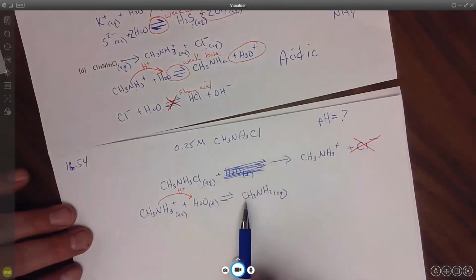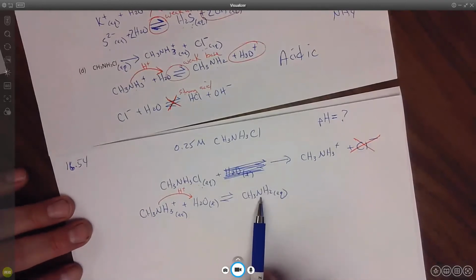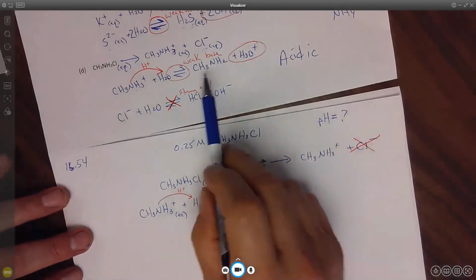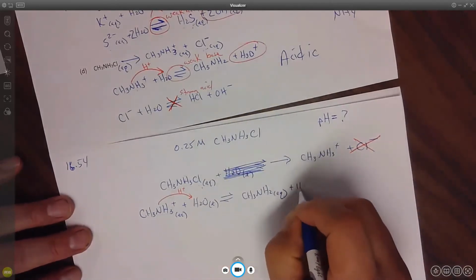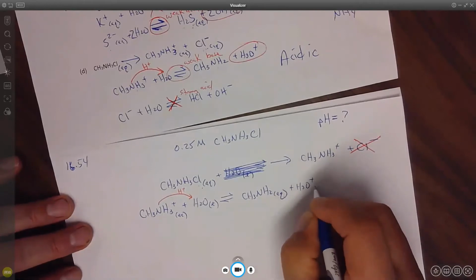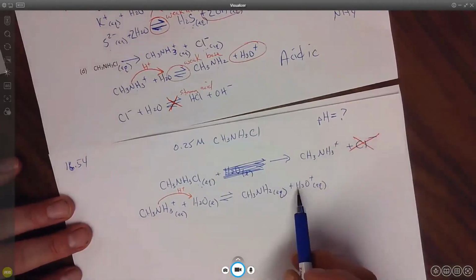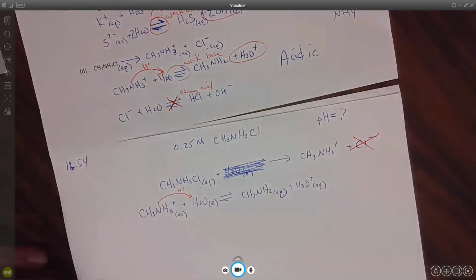It's a neutral molecule, but it has the same intermolecular forces: hydrogen bonding, dipole-dipole interactions, and London forces. So it'll be completely soluble in water, even though it's neutral. And it would leave behind the H3O+, which is our acid, the hydrogen ion or hydronium ion. So this solution is going to be acidic.